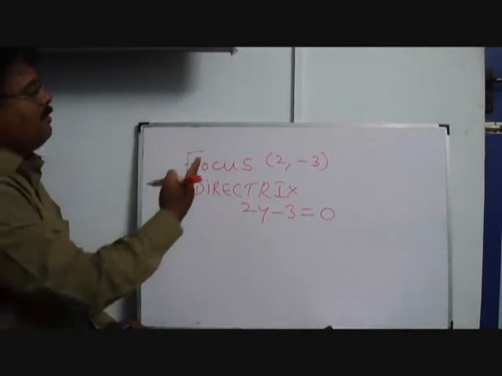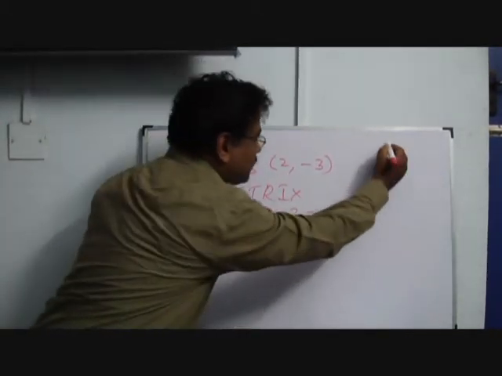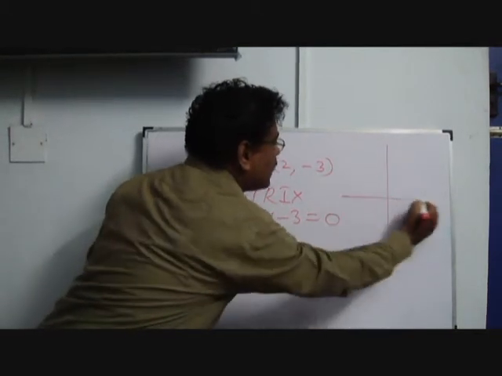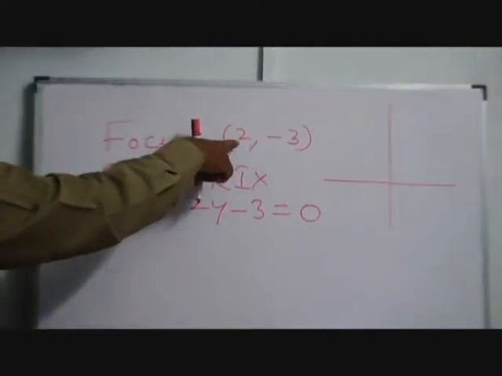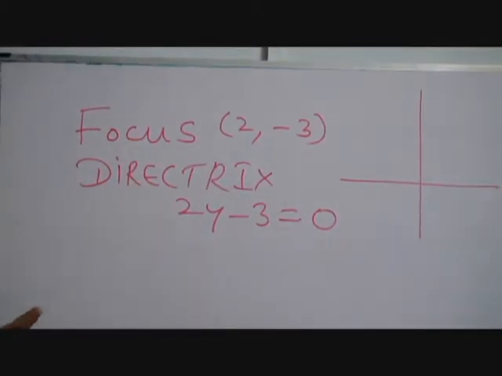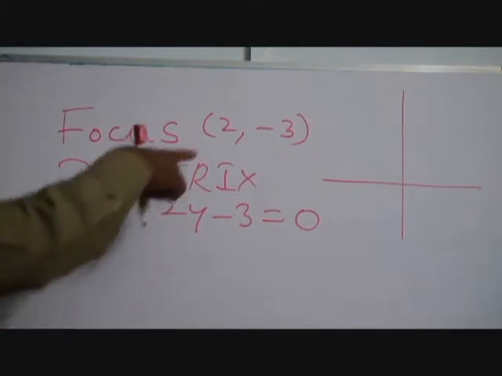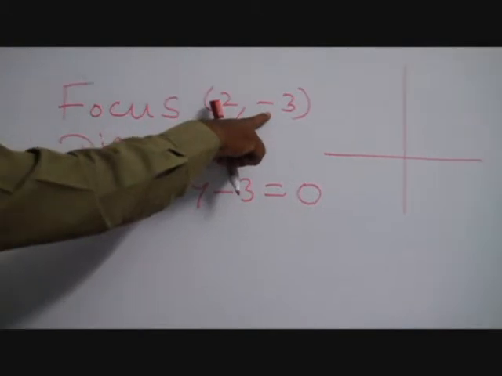Now we will try to draw the diagram with the help of this information. Draw the x-axis and y-axis and plot the focus. What is the focus? (2, -3). Where is (2, -3)? Here the x coordinate is 2 and the y coordinate is -3.